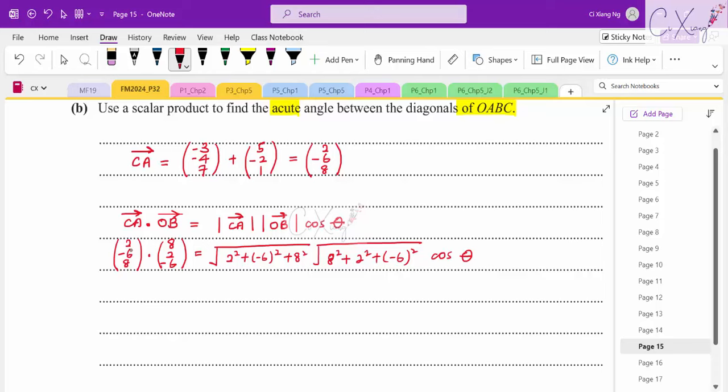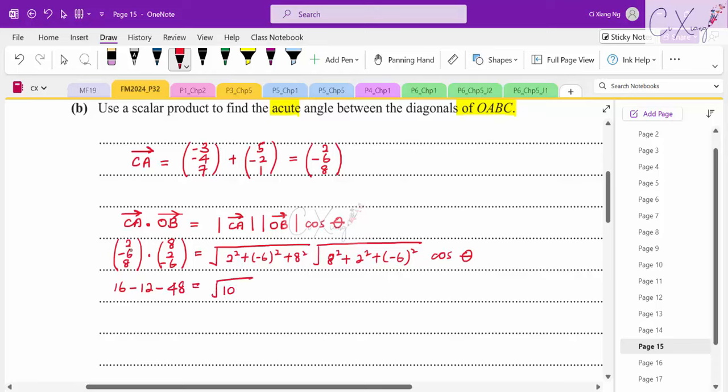So I'm having 16 minus 12, then minus 48 equals square root 104 for this part. The second one is also square root 104, cos theta. So I'm having cos theta equals -44 divided by 104.